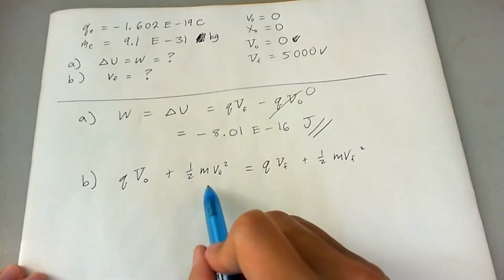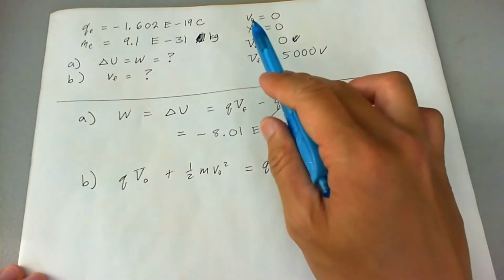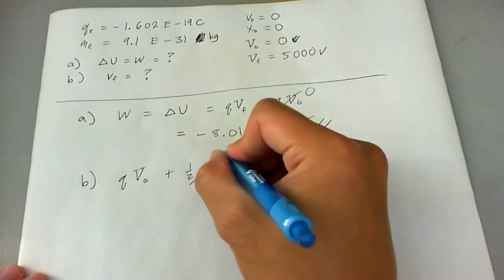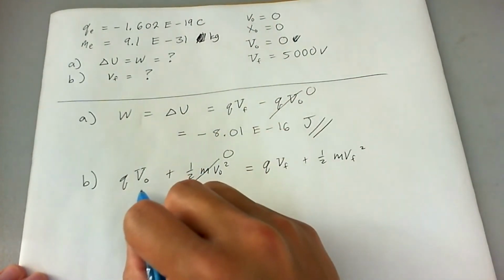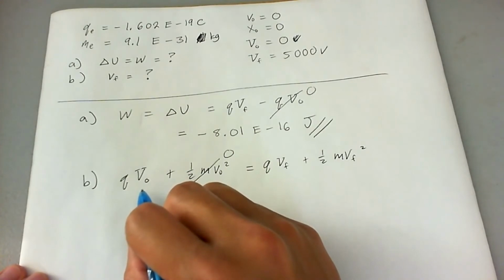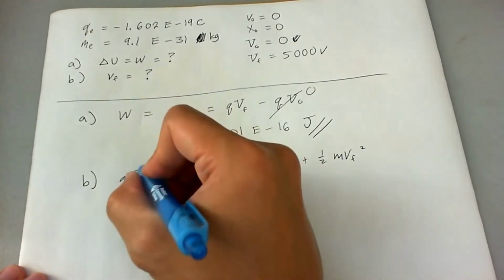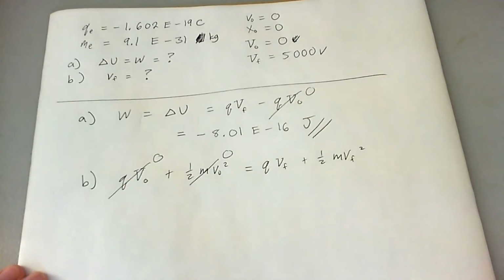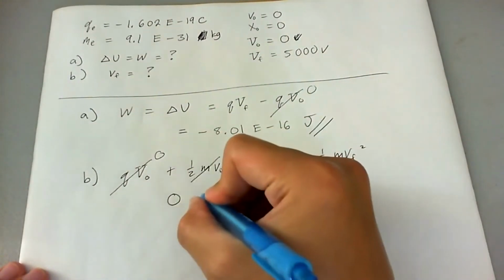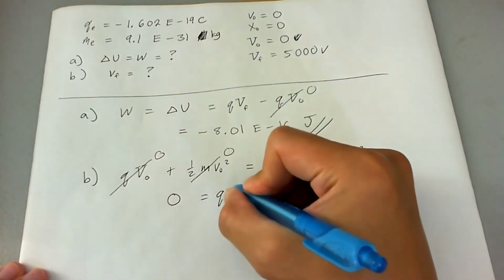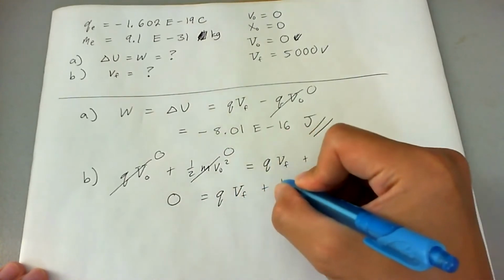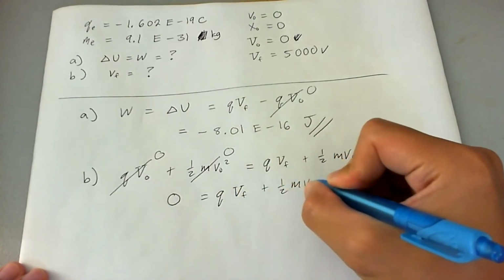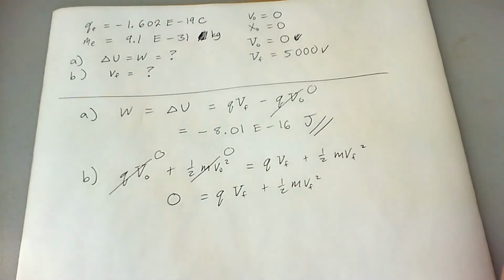We know that the electron starts off at rest. Since v naught is 0, we'll say that this whole term is 0. And it starts off at the 0 volt plate of the capacitor, so this is also 0. So we end up seeing that 0 is equal to Q V final plus 1/2 m little v final squared.